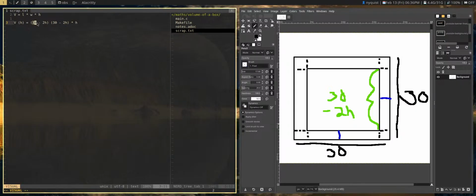This right here would be the length, or L. This would be the width, and obviously h is the height. So that's getting our length, width, and height. That's kind of how we would do that.